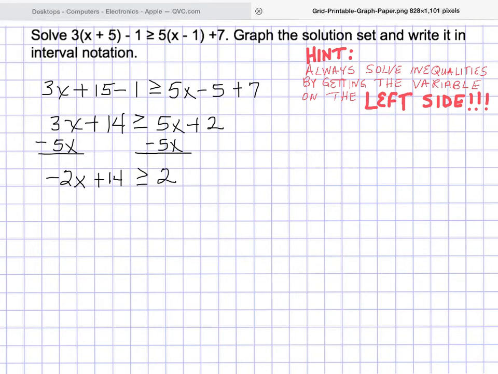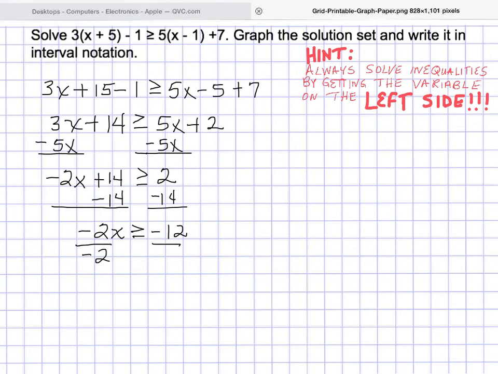All right, so the x is on the left. Let's get the constants on the right. Subtract 14 on each side. So we get negative 2x is greater than or equal to negative 12. Then we divide both sides by what?